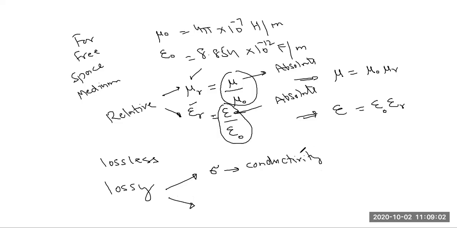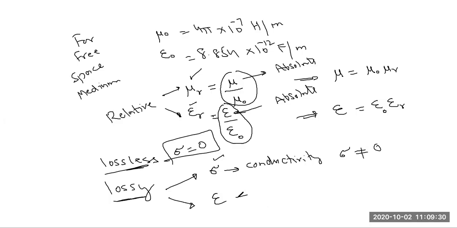From a field perspective, if a medium is lossy, it must have some conductivity. So if the medium is lossless, its conductivity is 0. And if the medium is lossy, its conductivity will not be 0. The other possibility is we assign losses through permittivity, and we say whenever epsilon is complex, it means the medium is lossy. This is how we represent it.